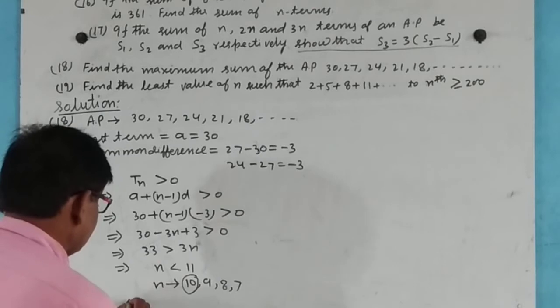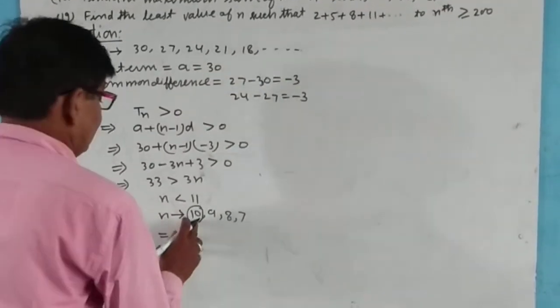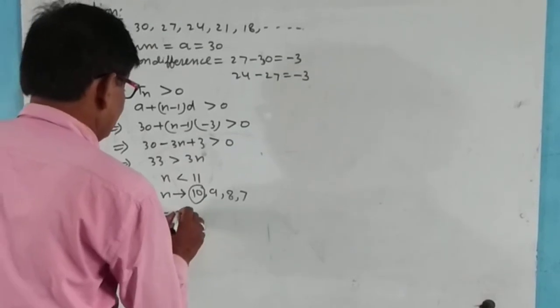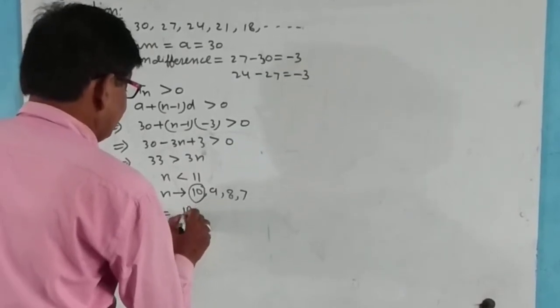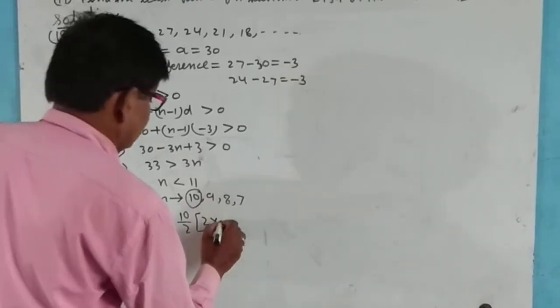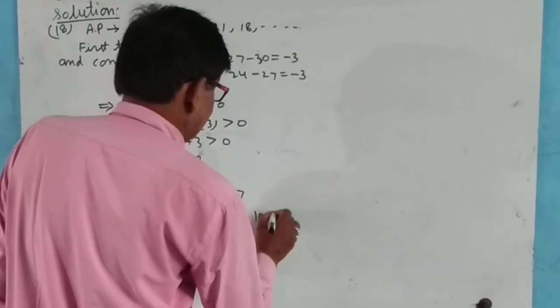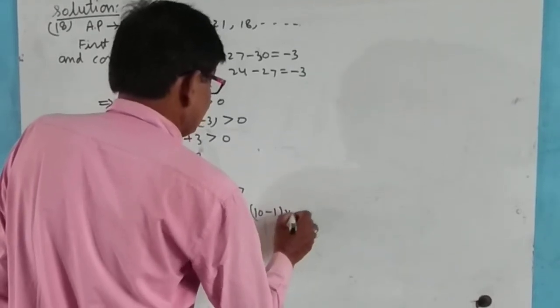So that we calculate S10, the sum of 10 terms, that is equal to n by 2, 10 by 2, bracket 2a, equal to 30 plus (n minus 1), that is 10 minus 1, into d equal to minus 3.